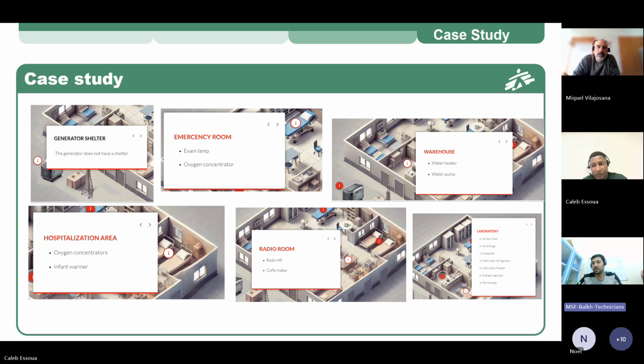We have a lighting circuit, a heater circuit, and different circuits, and we need to know more about the connected load, demand load, and also the power factors, how much we should take. I'm sure this training cannot cover all of them.